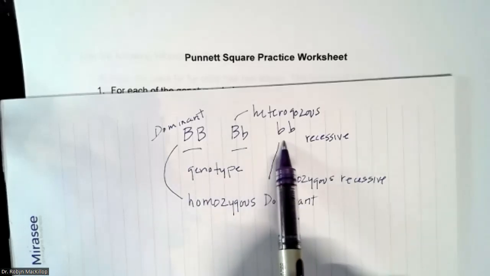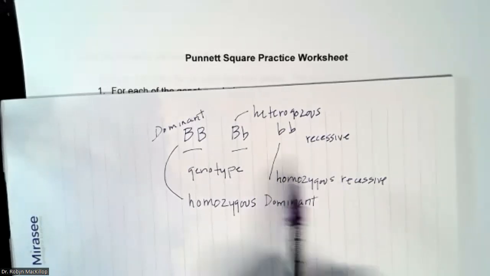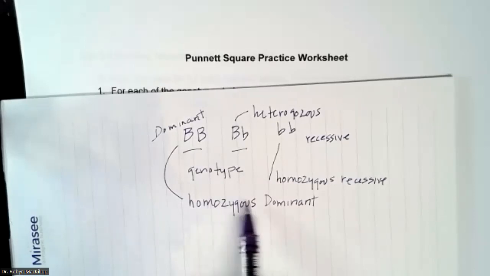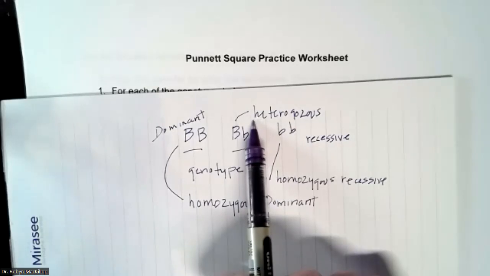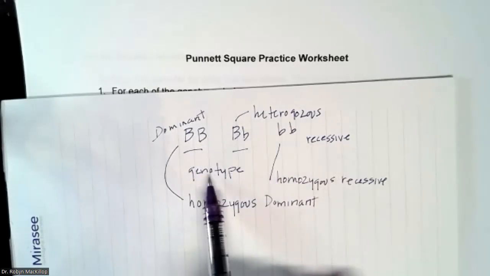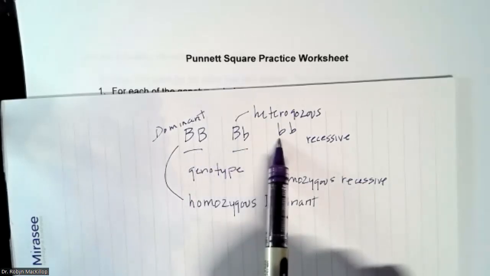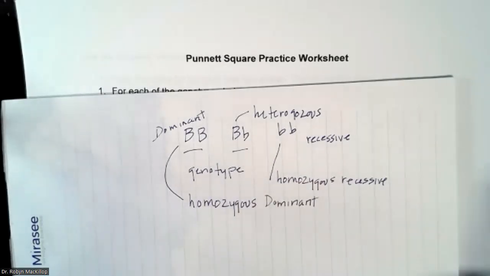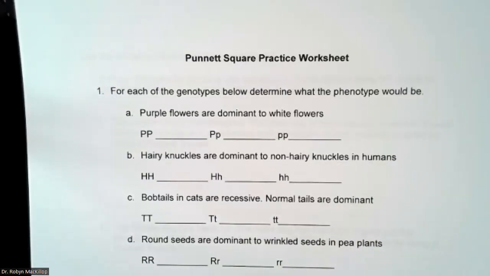So anytime you have two of the same size letter, little is homozygous recessive, big is homozygous dominant. When you have one of each, heterozygous. These are the only three genotypes you will see: double dominant, dominant with a recessive, double recessive. Does that make sense to folks, or enough sense that you're okay with it? You don't have to love it yet. And I can bring that back if you want to see it.